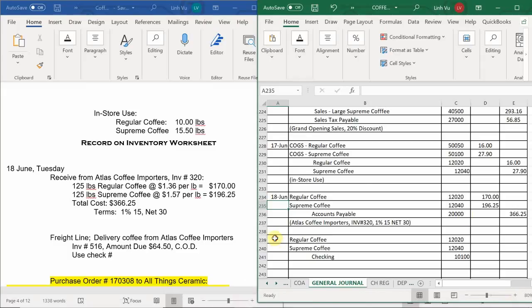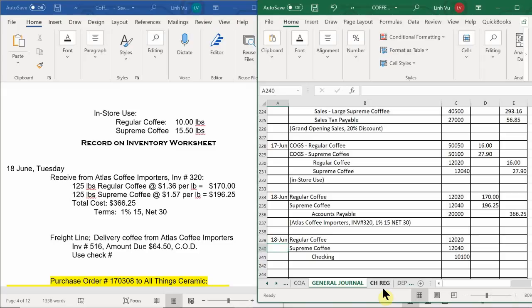So here we received our coffee and we have delivery charges, right? Now that we have completed our very first transaction, we entered in that we received the coffee for a total of $366.25. We know that this is invoice 320, and the terms are identical. So that transaction is complete.